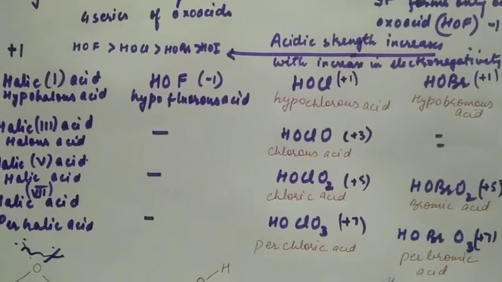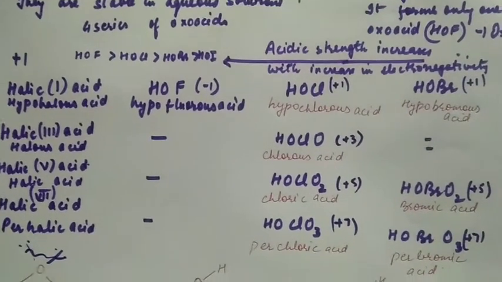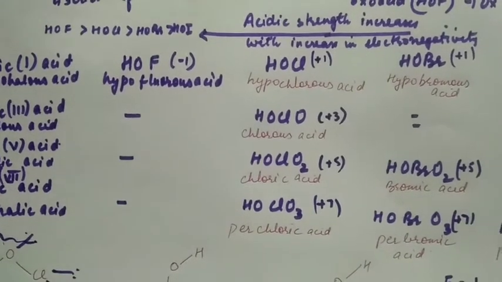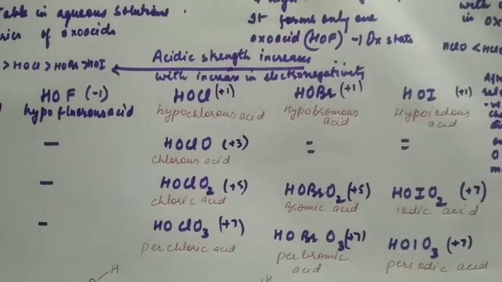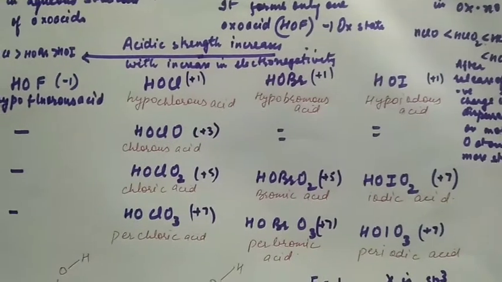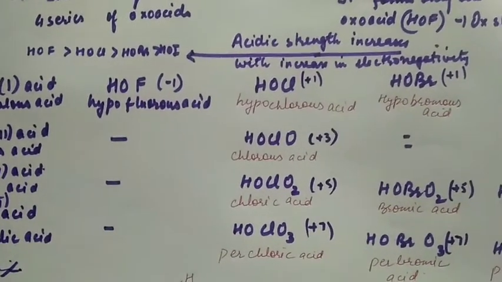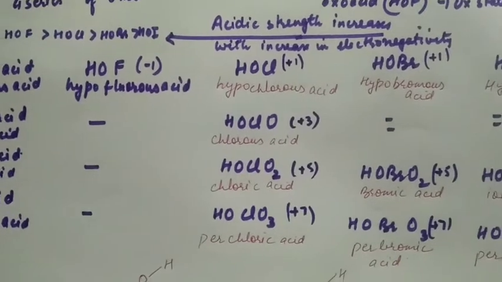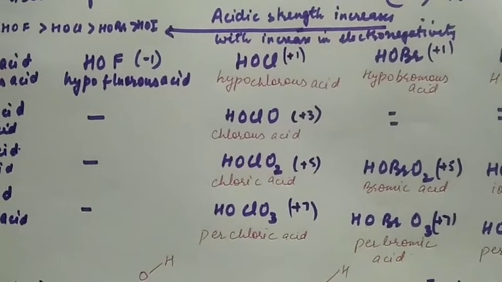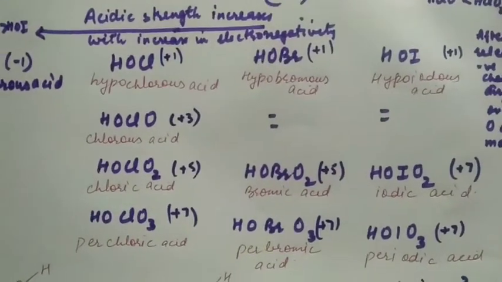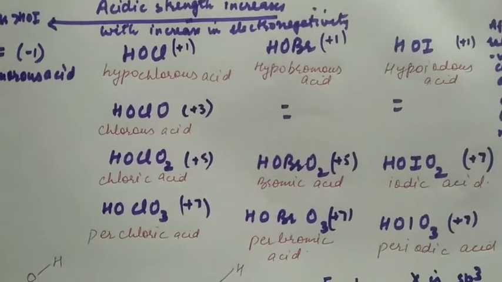Fluorine shows only one oxoacid, that is hypofluorous acid, and it is different from other hypohalous acids of halogen in the sense that fluorine shows an oxidation state of -1 in hypofluorous acid, whereas others show oxidation state of +1.